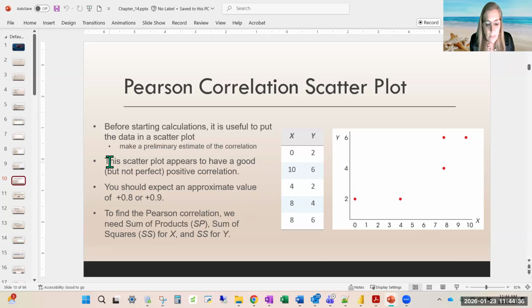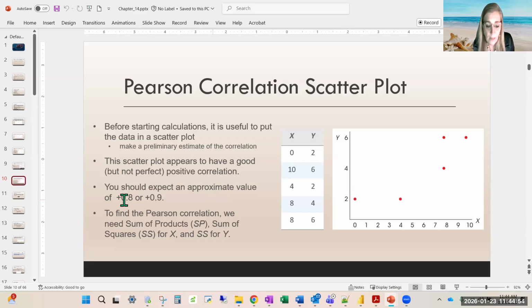All right, so this scatter plot appears to have a good but not perfect positive correlation. There's not very many scores here to really make a solid judgment on that, but you can see a relationship starting to occur here.